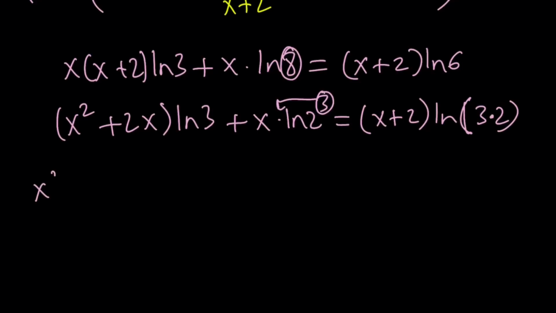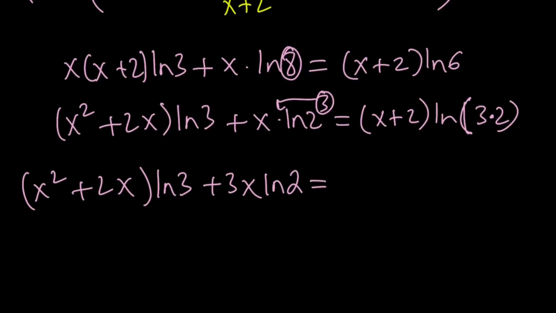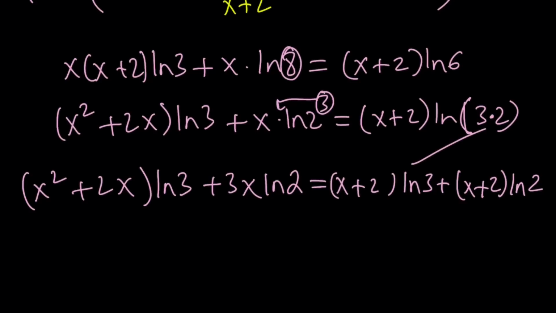So let's do it. After that, we're going to rearrange the terms and write this as a full quadratic. So this gives us 3x ln 2. And here we get x plus 2 multiplied by ln 3, and then also by ln 2. All right? Because we are able to write this as ln 3 plus ln 2 and then use the distributive property.